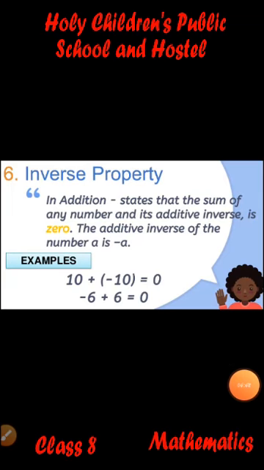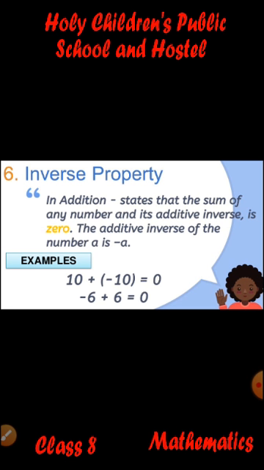Coming to the last topic, and that is the inverse property. The inverse property states that the sum of any number and its additive inverse is 0. If 10 is added to its additive inverse, which is minus 10, the answer is 0. Students, for your information, I would like to teach you one more thing, and that is the additive inverse.